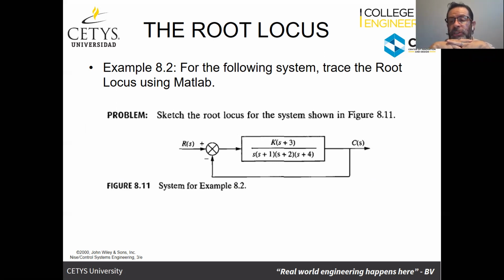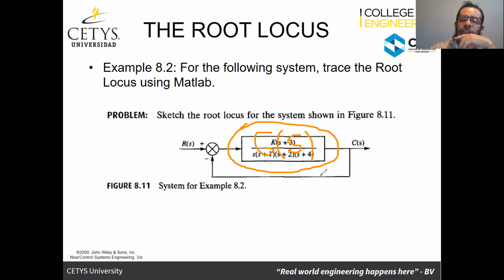First off, a couple of things that are important. Similar to the steady state error, when we're working with the root locus in MATLAB, we have to identify the forward transfer function. Again, we're assuming a unity feedback system. So this is g of s, and this is the transfer function we're going to use for the functions in MATLAB to calculate the root locus.